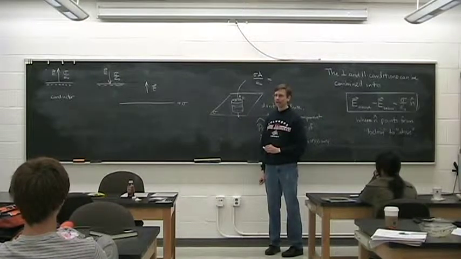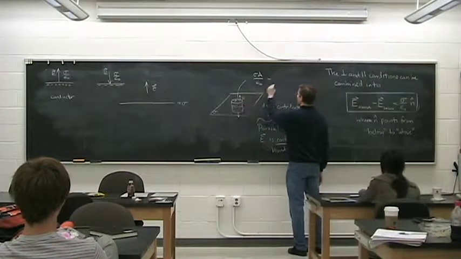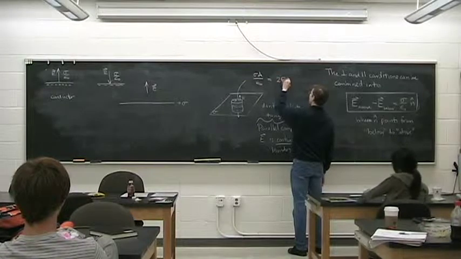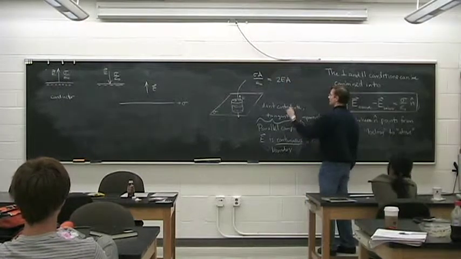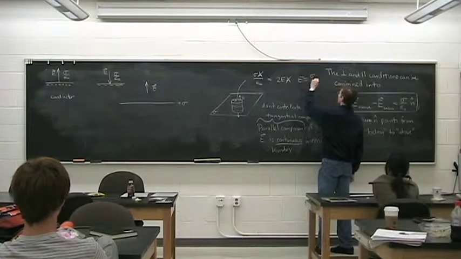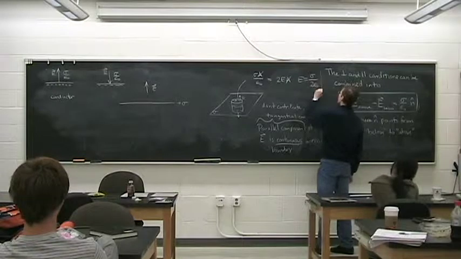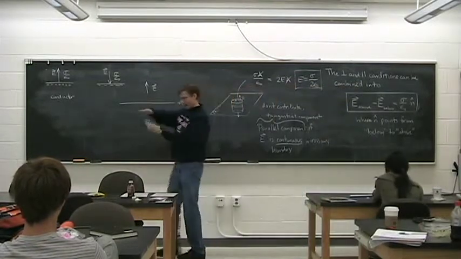Down. So is it EA or minus EA? EA again. So EA plus EA is 2EA for the flux. So 2EA equals sigma A over epsilon naught. E is equal to sigma over 2 epsilon naught for a surface charge that's not got a conductor below it.